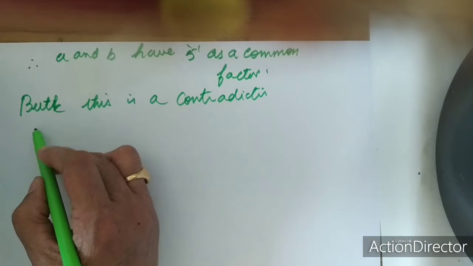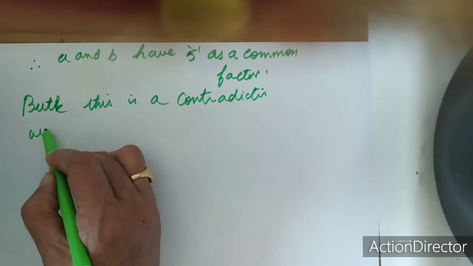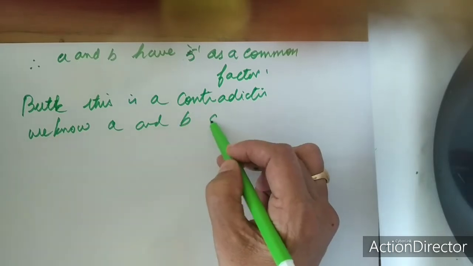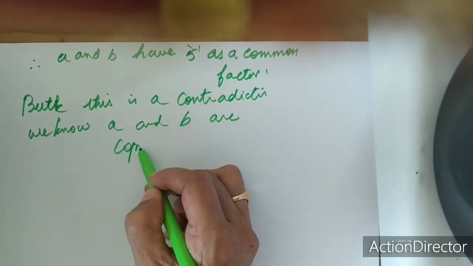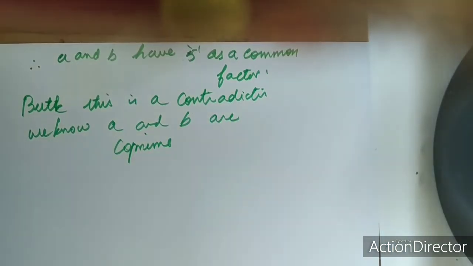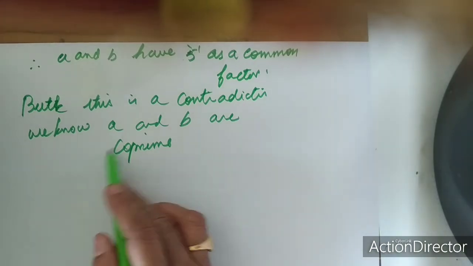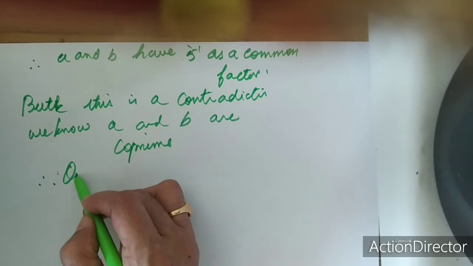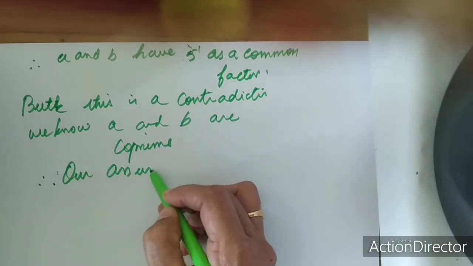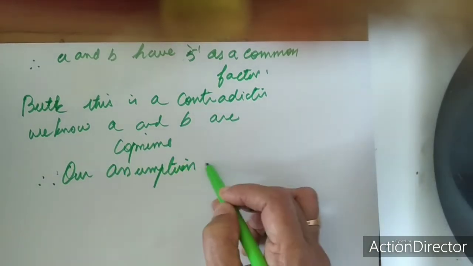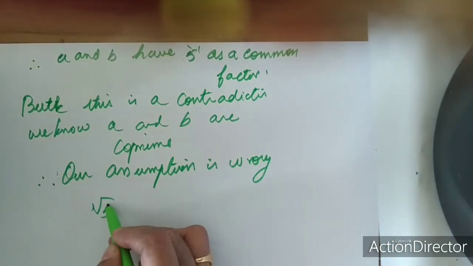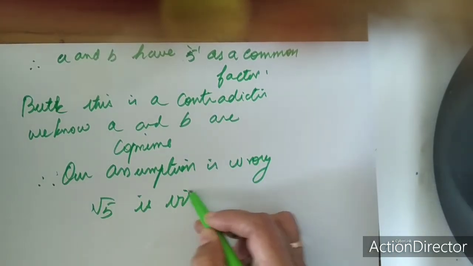Because we know A and B are co-prime. They don't have any other factor other than 1. So this is a contradiction. Therefore, our assumption is wrong, which concludes that root 5 is irrational.